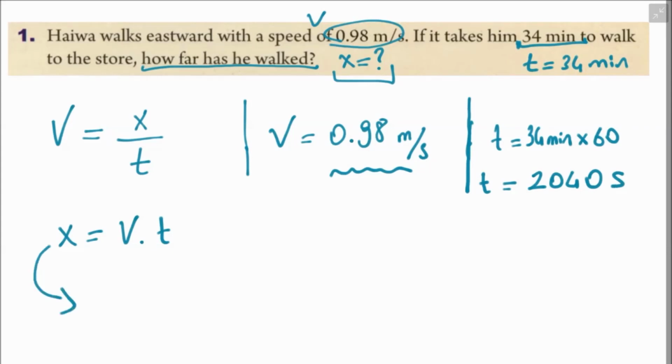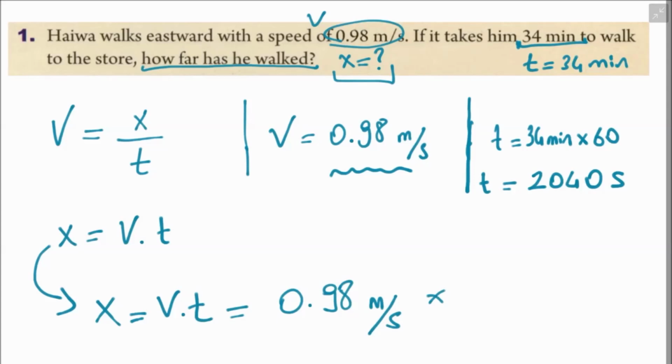And now let's continue from here with the formula x equals v times t. Now I'm going to substitute them. V equals 0.98 meter per second times time equals 2040 seconds.